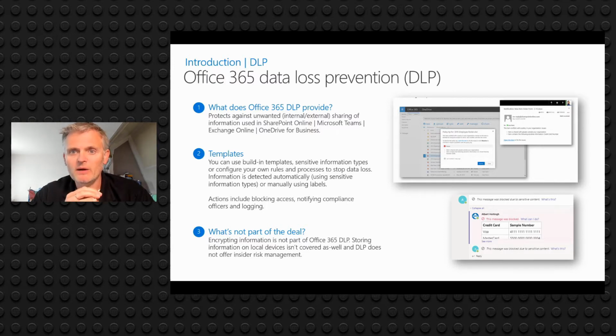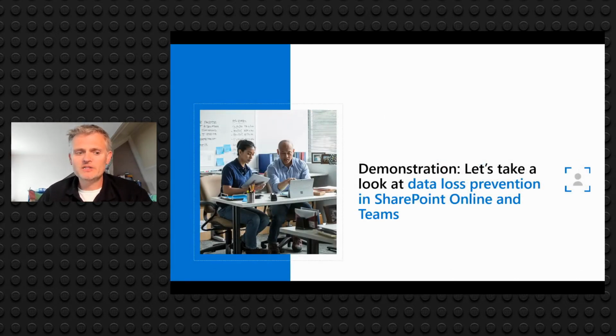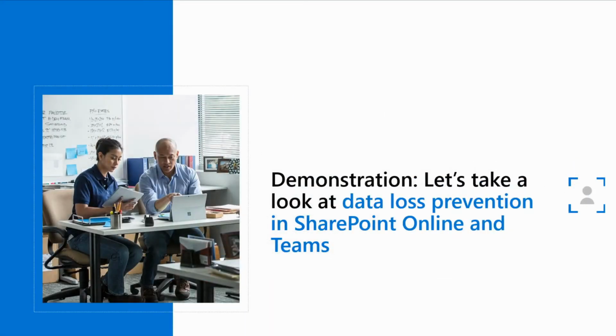So please be aware, if we're talking data loss prevention, it does not encrypt your data. Or does it? Well, we'll get to that later. It's not Azure Information Protection. It doesn't retain your information, so be careful with that. Okay, let's take a look, and I'll show you how data loss prevention works in SharePoint Online and Microsoft Teams, and I'll even throw in Exchange as well.